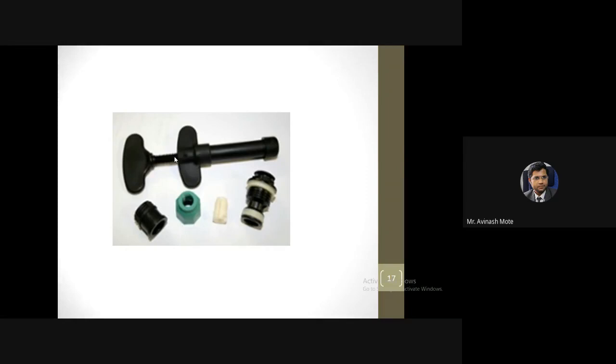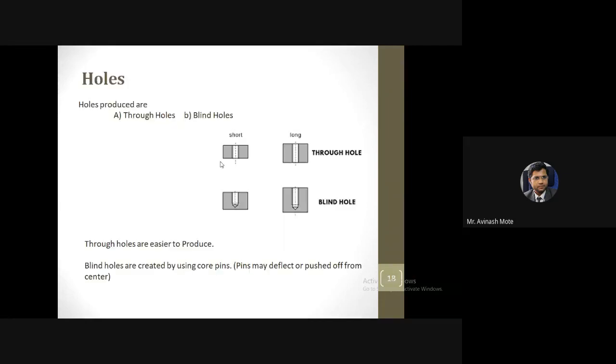If it is externally threaded, it is an external undercut. If it is internally threaded, it is an internal undercut. But to get a proper fit or proper assembly, you need to have the undercut, so you will have to make the corresponding changes in the mold.